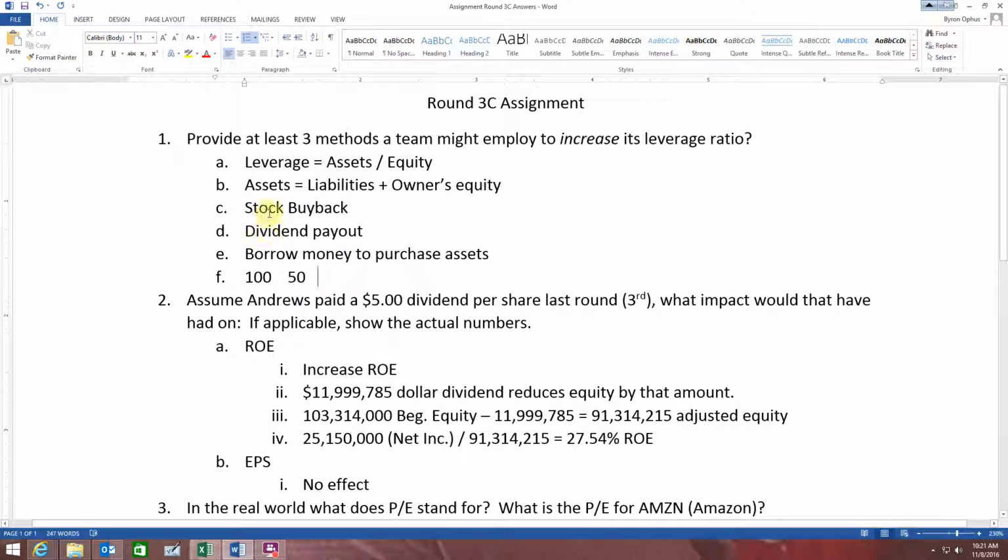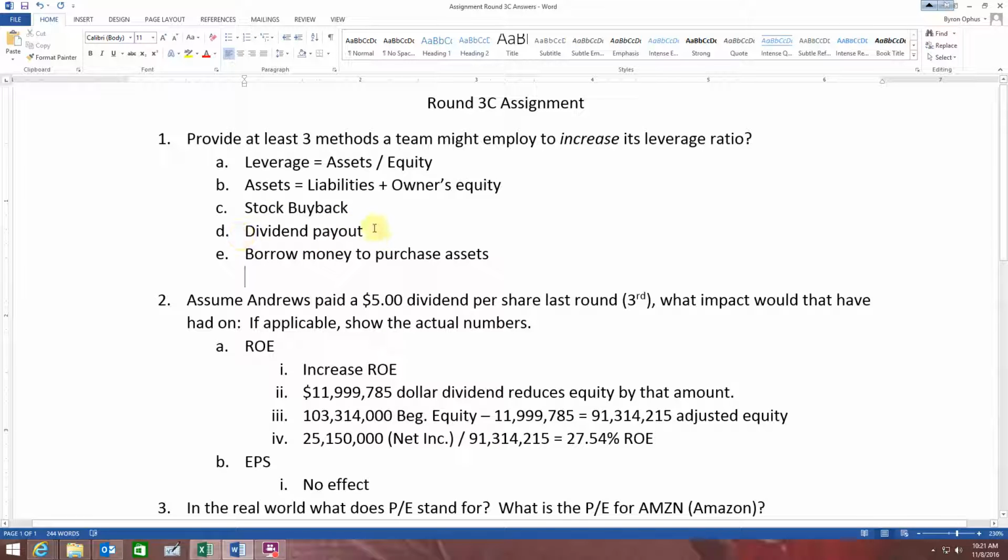But if we buy back stock, let's say we spend $20, then we have $80 of assets and 30 of equity. Now what's my ratio? Well, it's 2 point something, 2.333 is what it would be, and so it would increase that ratio.